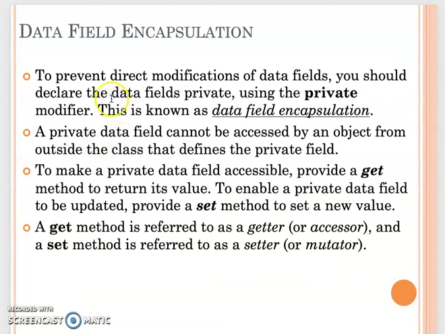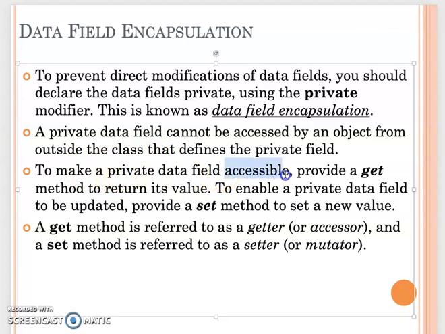So to prevent direct modification of the data field, we can declare our data field as private using the private modifier, or we can say the private keyword. The private data cannot be accessed by an object from outside the class. If you want to make a private data field accessible, you have two different ways.